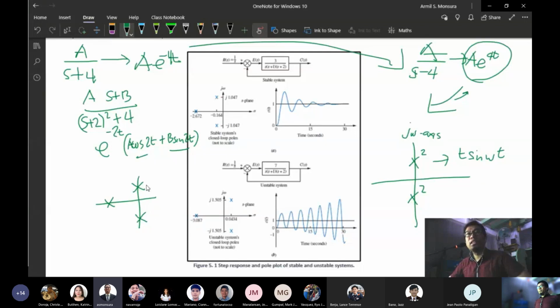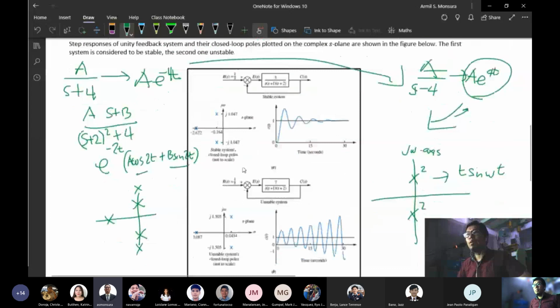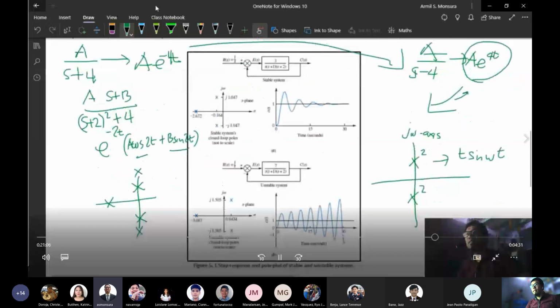This is considered to be marginally stable. Basta wag lang sila mag-double pole. Kahit marami sila diyan, halimbawa meron pang isa dito. Okay? Meron pang dalawa diyan. Okay. Marginally stable pa rin 'yan. Basta wag lang sila magdo-double pole dun sa isang location. Okay? So ayan. So we have here an example of systems.